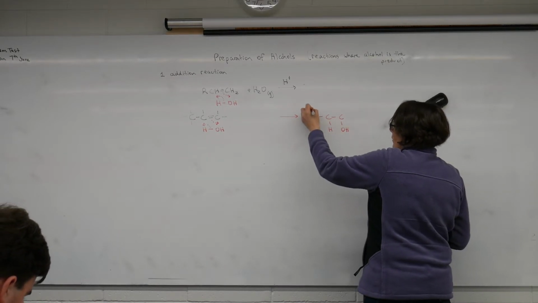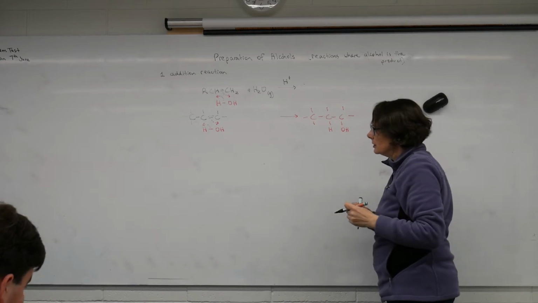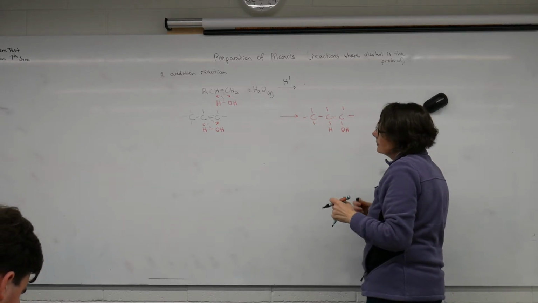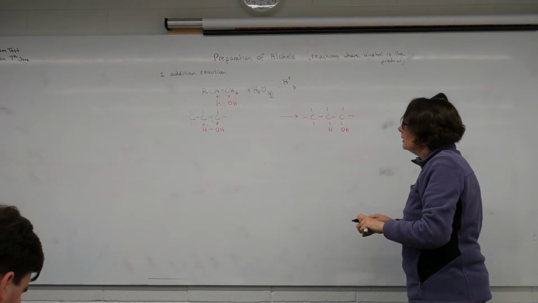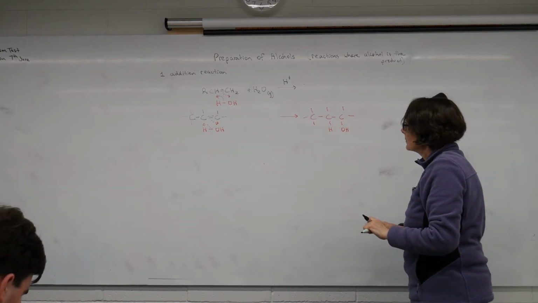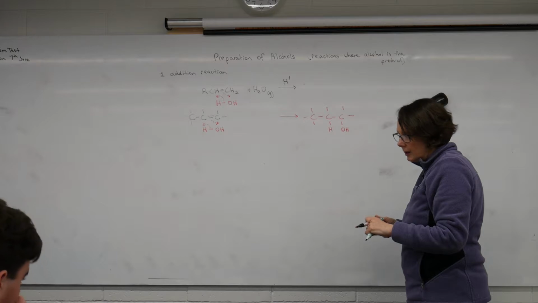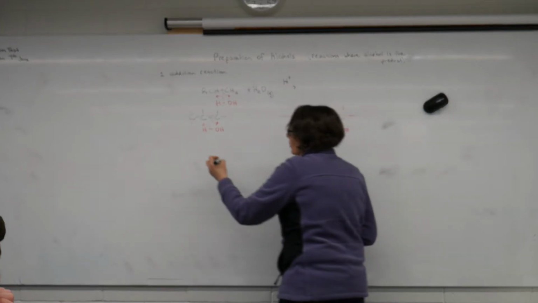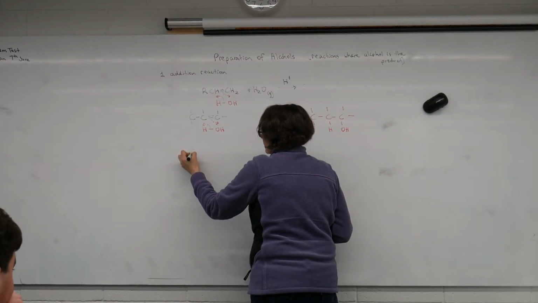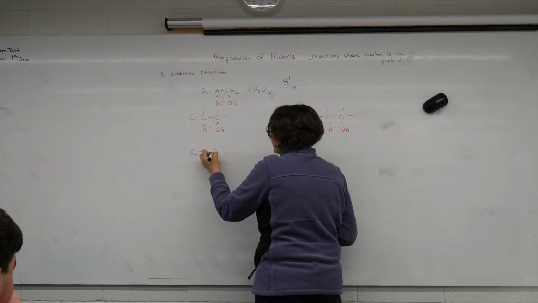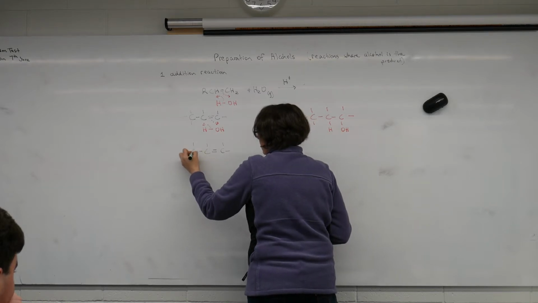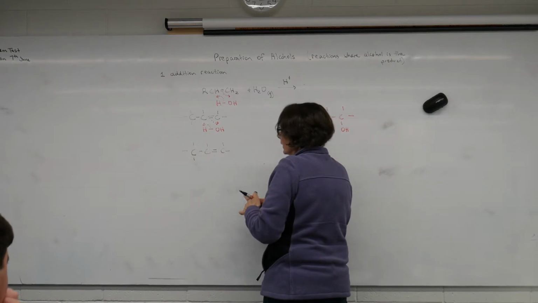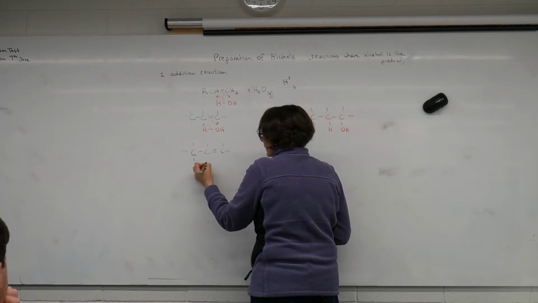Now, you might remember from our previous addition reactions, though, that if we're adding just bromine, Br2, then we'll only have one product. But in this case, it would be possible for us to get another isomer if we have our water orientated the other way.